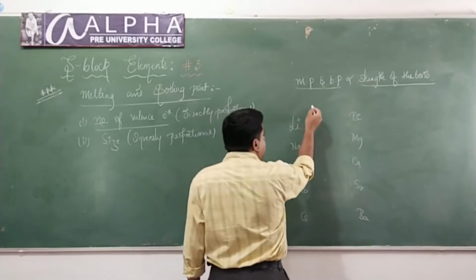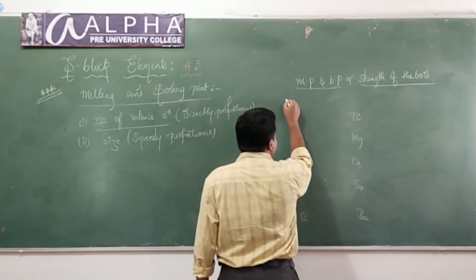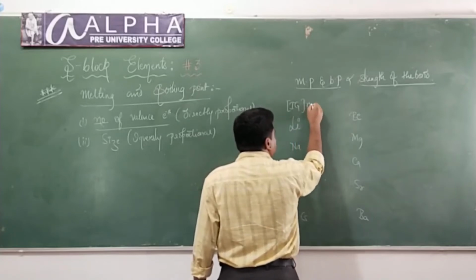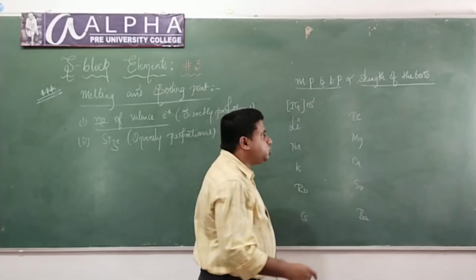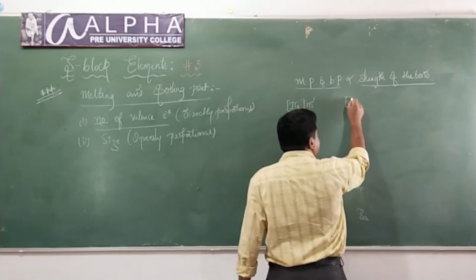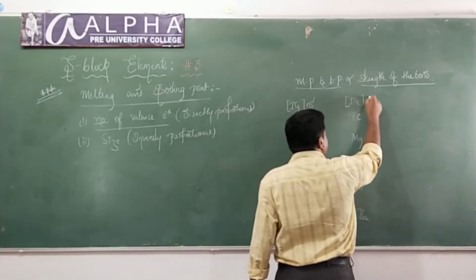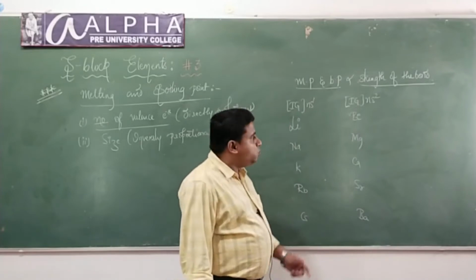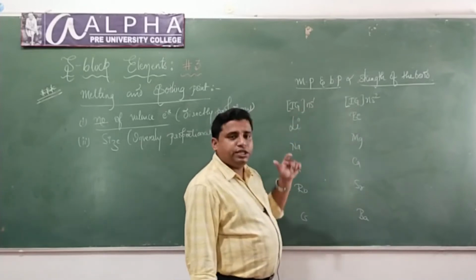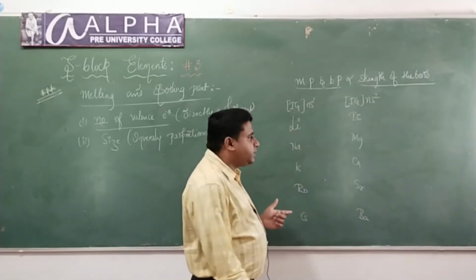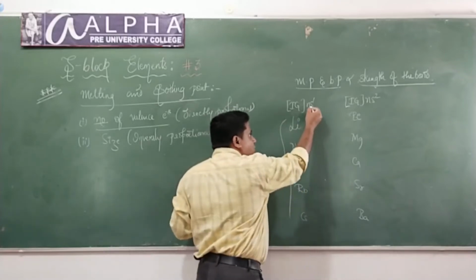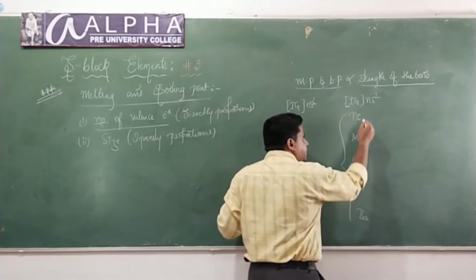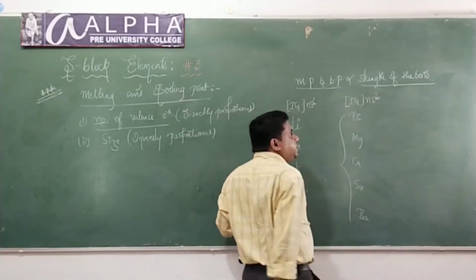We know the general outer electronic configuration of alkali metals is inert gas core, ns1, whereas for alkaline earth metals, inert gas core, ns2. Any doubts with this? By this configuration, alkali metals have 1 valence electron, whereas alkaline earth metals have 2 valence electrons.